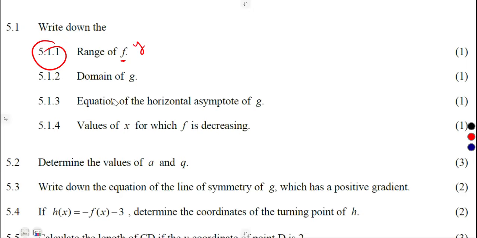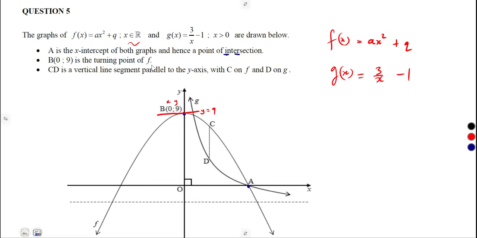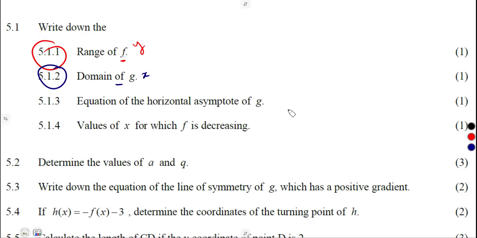Then the domain of g, we're talking about the x values, which you are already given, guys, from our g, which is representing our hyperbola. We are given that our x values are greater than what? Greater than 0. So already the domain, we are given x is greater than 0 there. Write down the equation of the horizontal asymptote of g.